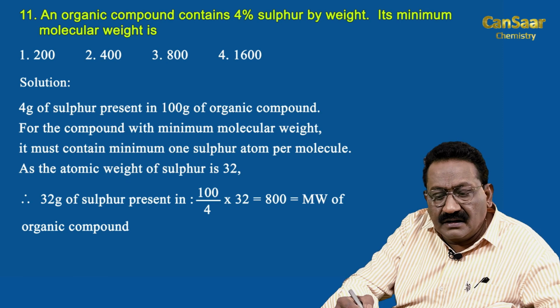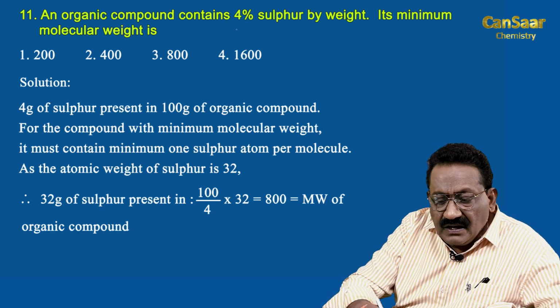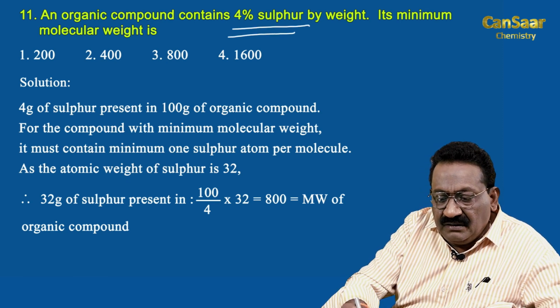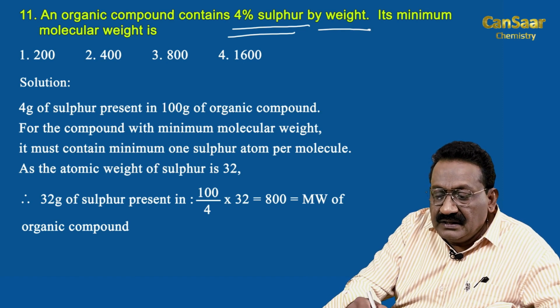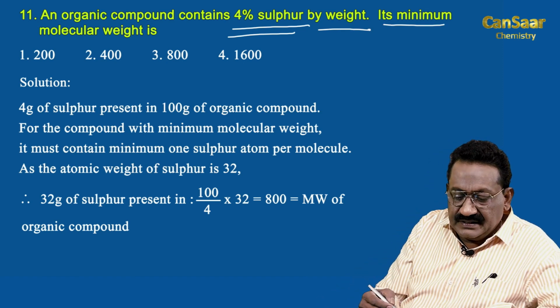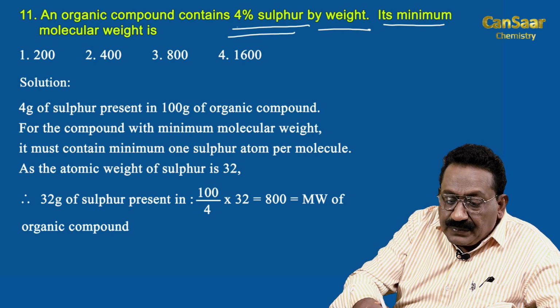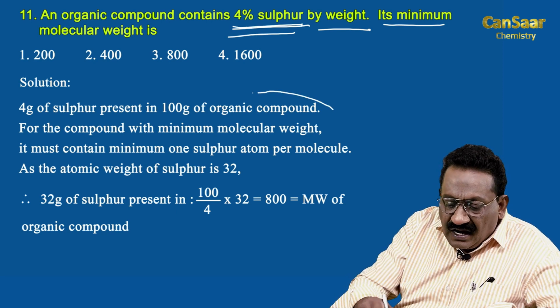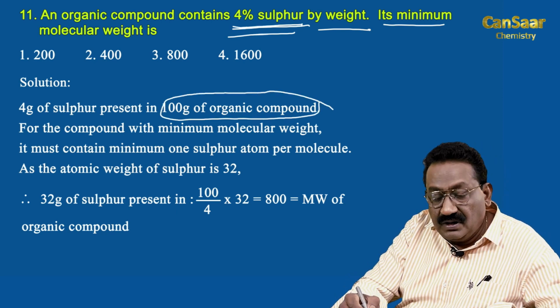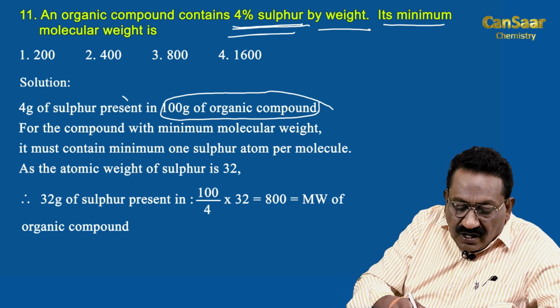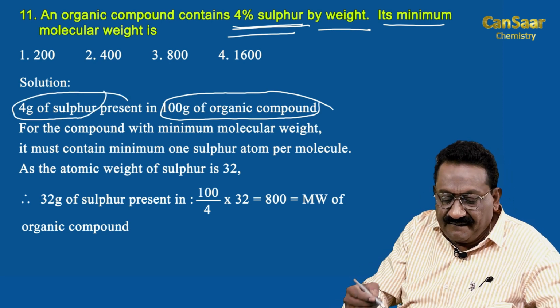A given organic compound contains 4% sulfur by mass. What is its minimum molecular weight? So 4% of sulfur means every 100 grams of organic compound contains 4 grams of sulfur.